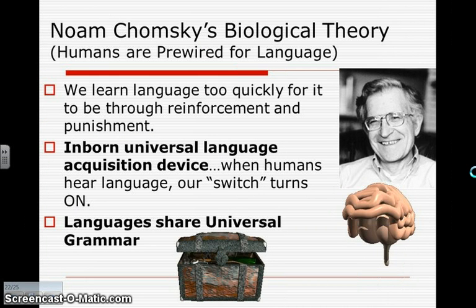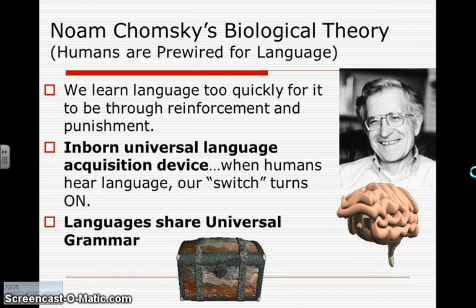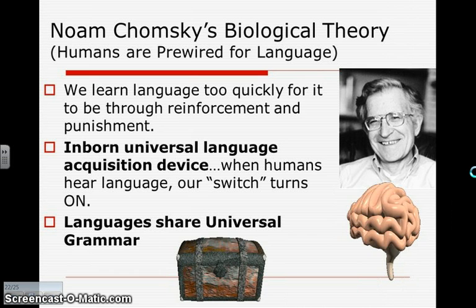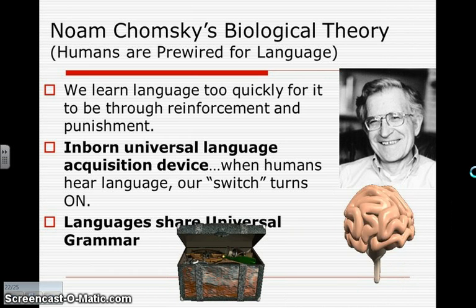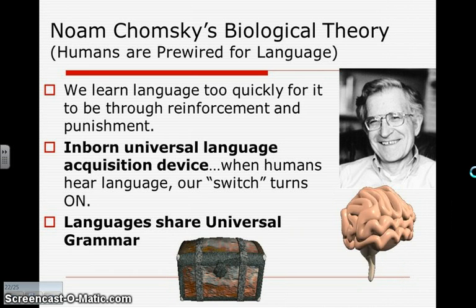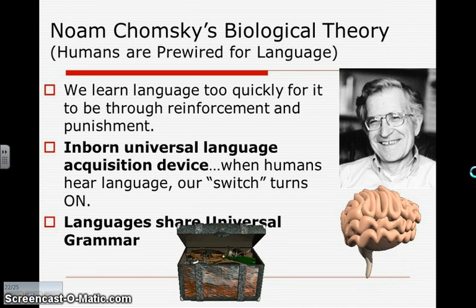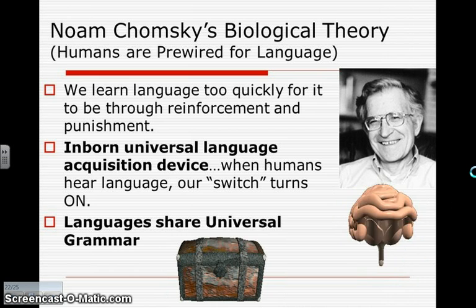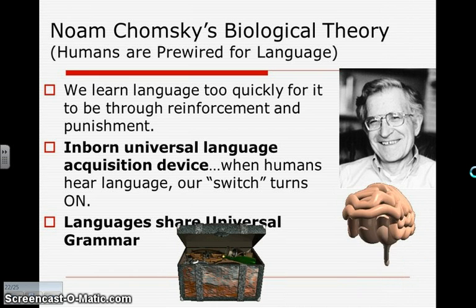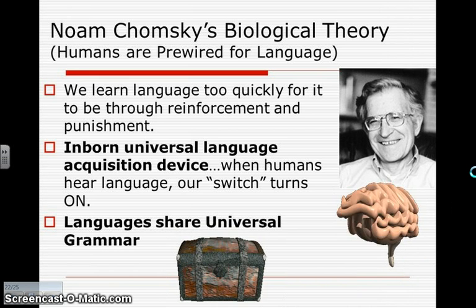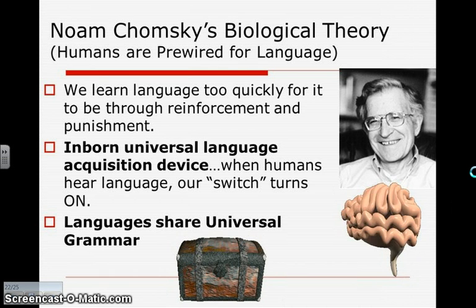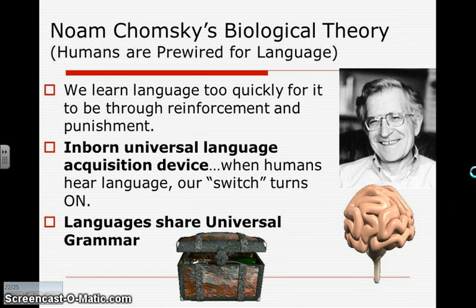Now, the other theory that is real prevalent and probably more liked by people around the world is the biological theory of Noam Chomsky. Chomsky essentially believes that language is innate to humans. That children around the world develop language approximately the same way, at the same pace.